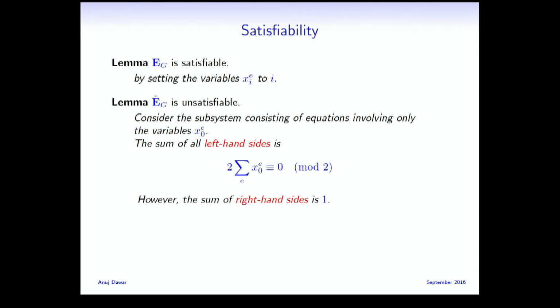If you sum the left-hand sides, every variable occurs twice, because each variable is associated with an edge, and that edge has two endpoints. So every variable occurs twice. So summing all of these gives you 0, modulo 2, but the right-hand sides add up to 1, because they're all zeros except for exactly one occurrence of 1, and therefore the system is inconsistent.